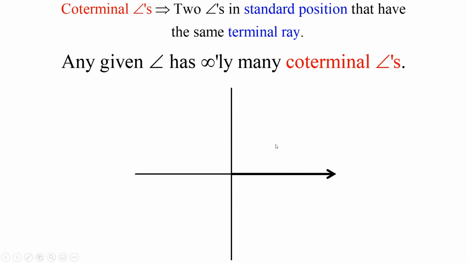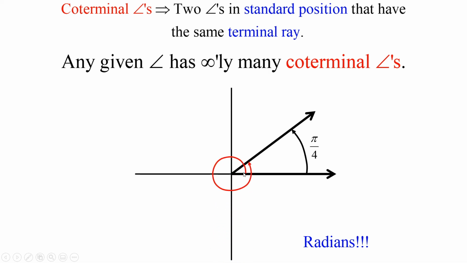So here we go. This angle right there, let's approximate that, and let's start working on radians. Let's talk degrees first because you're comfortable. Is that about 45 degrees? Pi over 4 radians. Right on. So what's this one going to be?